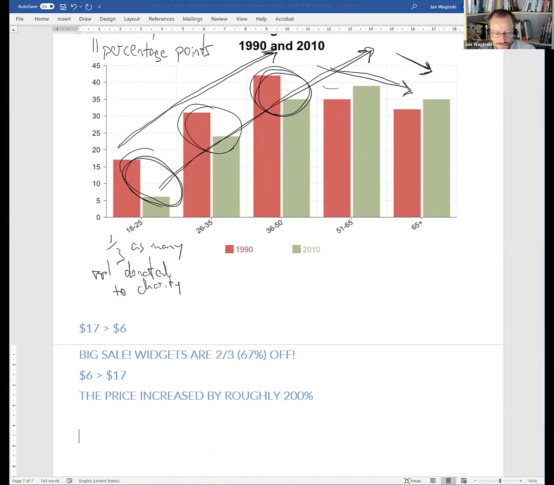So let's say the stock market is at 8,000 and it goes to 8,800 in one day. They're going to say it rose by 800 points, not percent, because it didn't rise by 800%. It rose by 10% in this case, right?